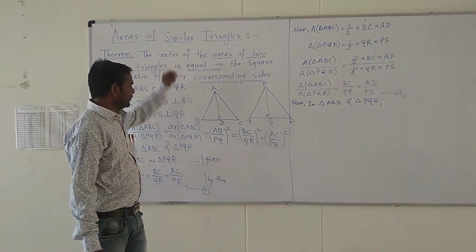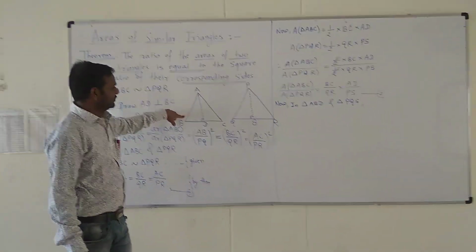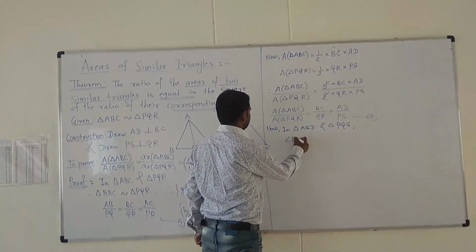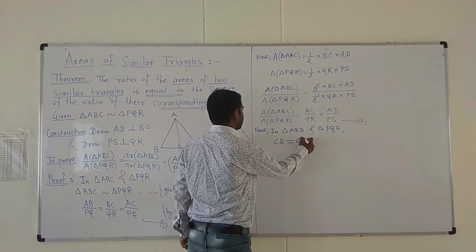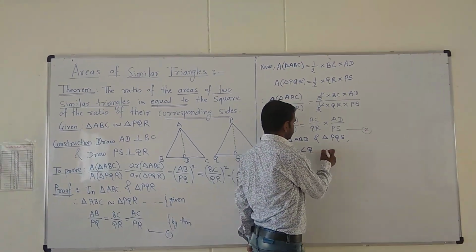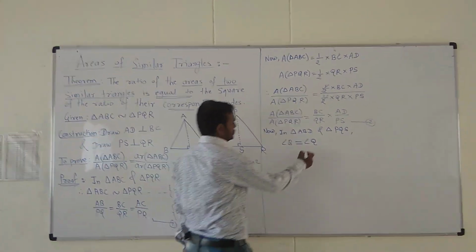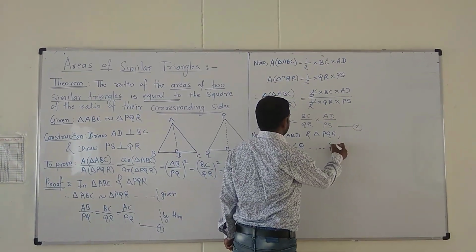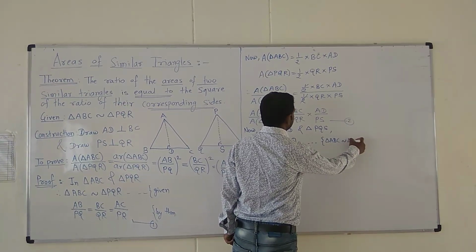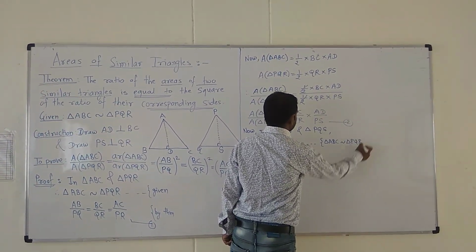In both triangles, angle B is equal to angle Q, because triangle ABC is similar to triangle PQR.